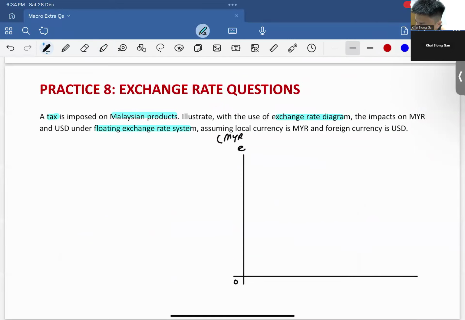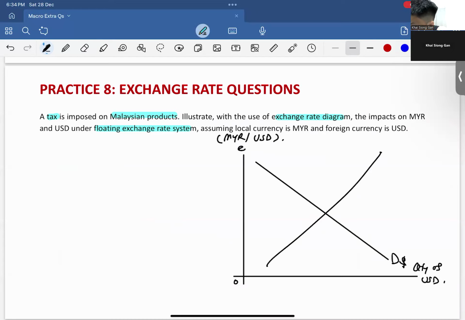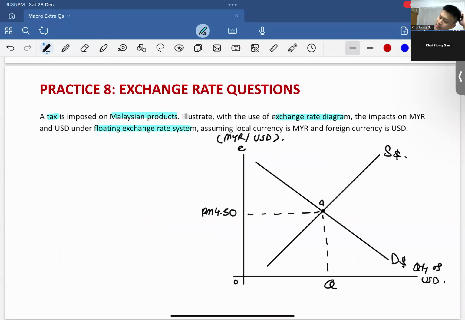How much Ringgit Malaysia do I need for $1? And here is quantity of US dollars. So both are about US dollars. This is demand for US dollars and this is the supply of US dollars. At first it is at point A. No starting point, so I can simply give a figure, 4.50 ringgit for example, at this quantity.